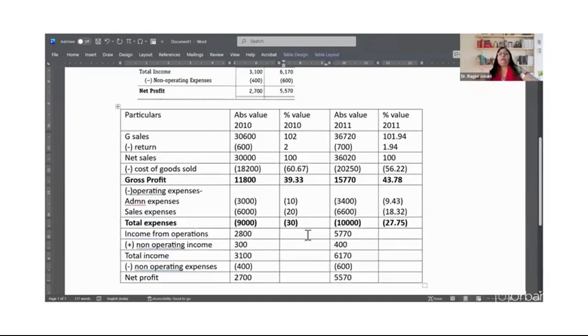All right, now let us find the percentages that we had left earlier. Income from operations, as I said, all the percentages have to be with respect to the net sales, which is 100%. So everything will be found using 30,000 as the denominator in 2010, and 36,020 as the denominator in 2011.